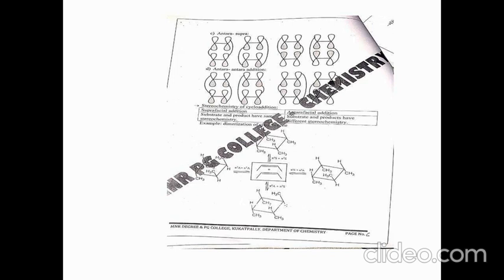So these are the 4 possibilities: supra-supra, supra-antara, antara-supra, and antara-antara addition. Each category will have 4 options, so in total 16 pictures will come to tell the addition modes.